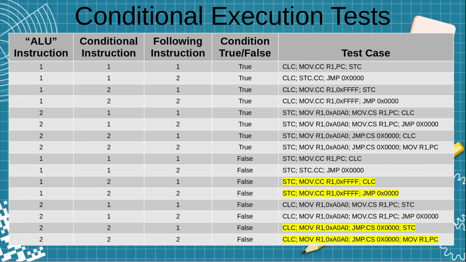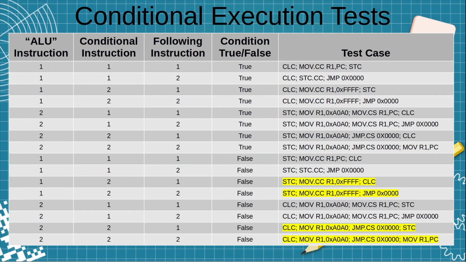I was considering when the condition was met and the instruction should be executed. But when the condition is not met and the instruction should not be executed, I was only going to set the instruction register suppress control, and that would suppress the first instruction word into the instruction register, but the second instruction word would actually be moved up into the instruction register and executed as if it was an instruction, and that, I believe, is a big deal.